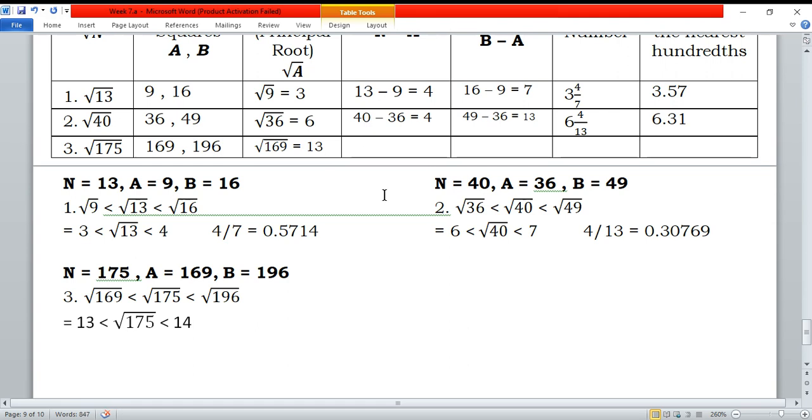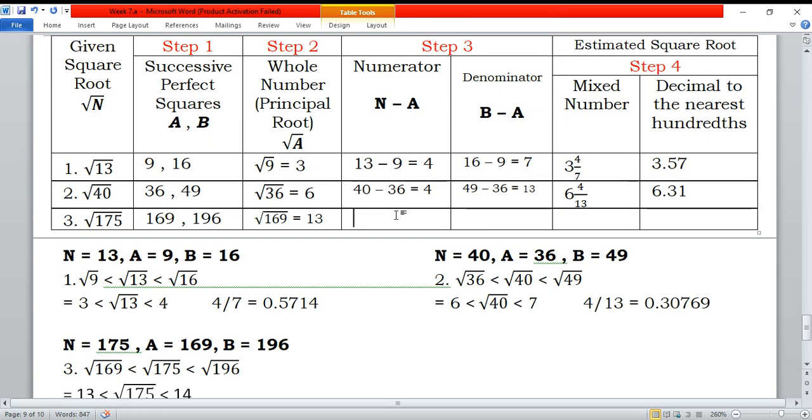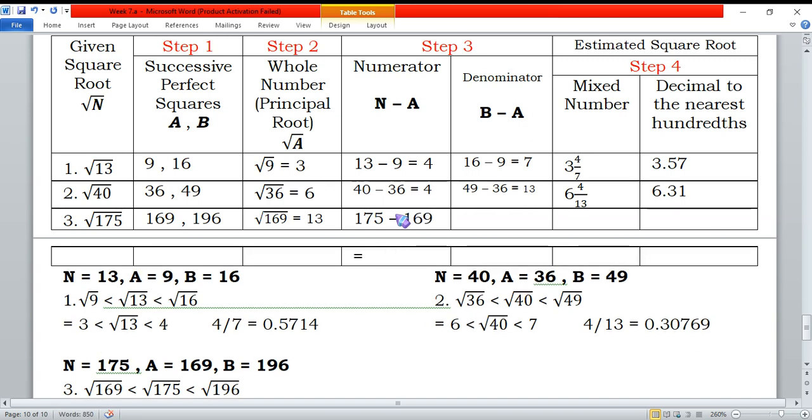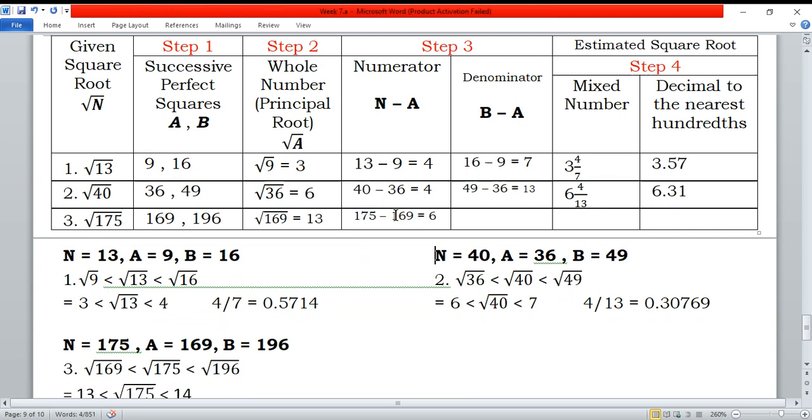So, dito naman sa part na to, para makuha natin numerator, ang N ay 175 minus the A. The A is 169 equals, anong result? 175 minus 169, so that's 6. 175 minus 169 equals 6.